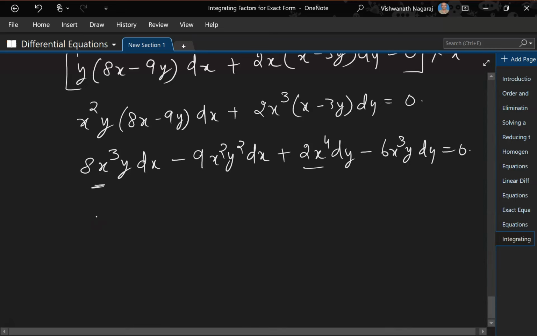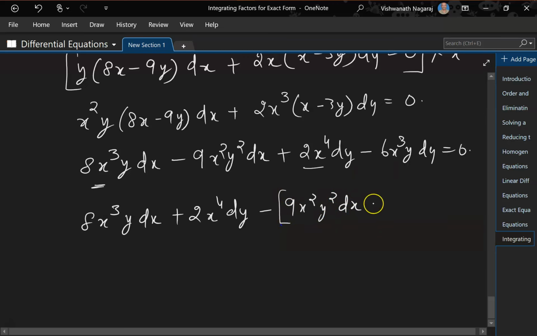Okay, so let's group them together. 8x cube y dx plus 2x to the power of 4 dy, minus 9x square y square dx. Both of them have minus, so group them together and take minus out, plus 6x cube y dy equal to 0.